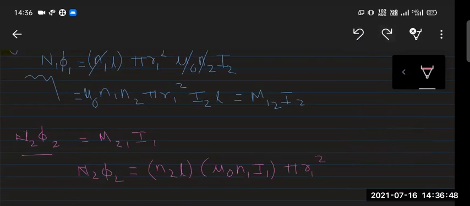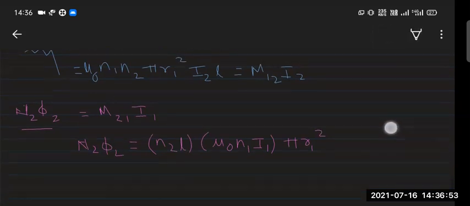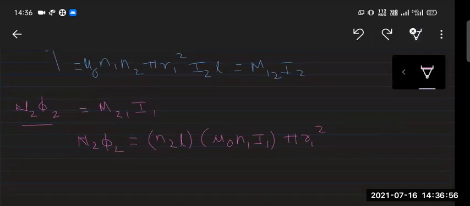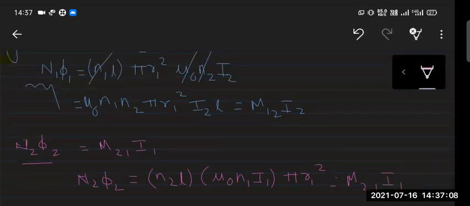So it will be pi R1 square. Let's move ahead. You can write this as M21 I1. If you compare, I2 and I2 will cancel, and I1 and I1 will cancel. Now if you compare equation 1 and equation 2, the right side is M12 and M21.